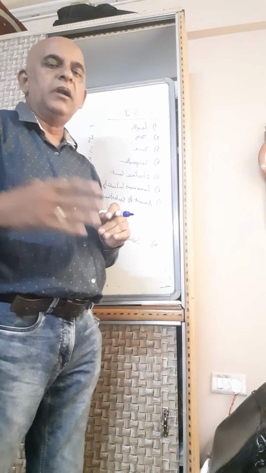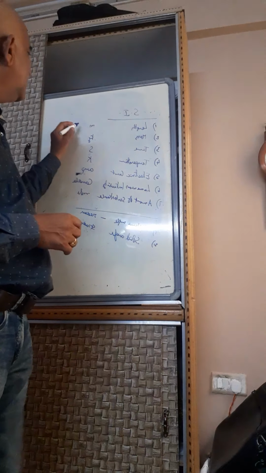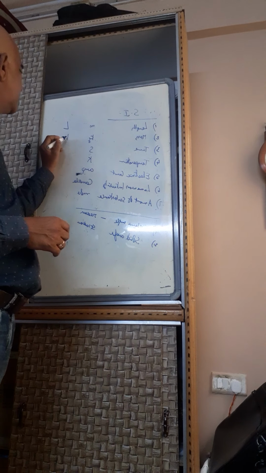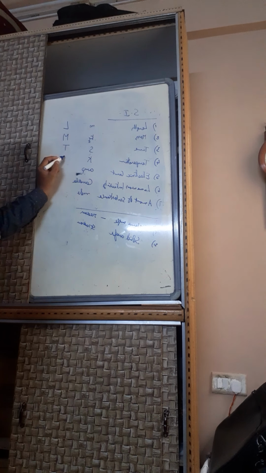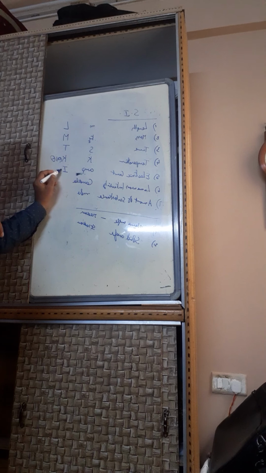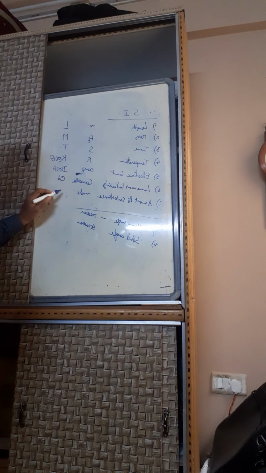These fundamental quantities have particular symbols. Length is represented by L, mass by capital M, time by capital T, temperature by K or theta, and current by I or A. Luminous intensity, candela, is cd, and amount of substance, mole, is represented by mol.